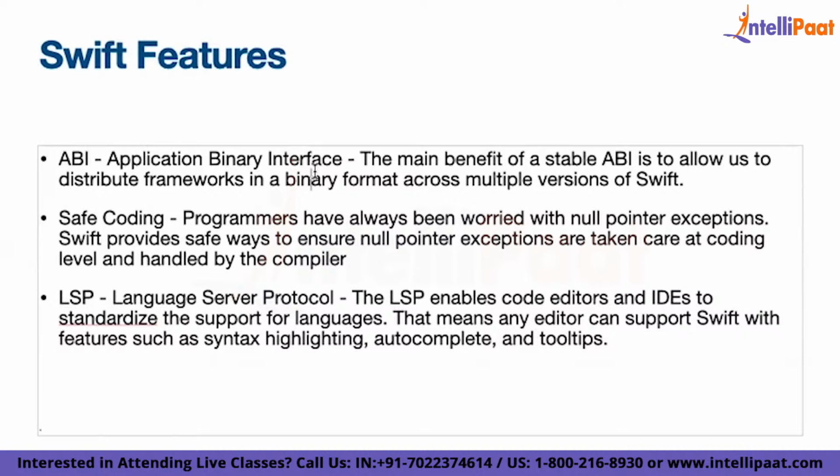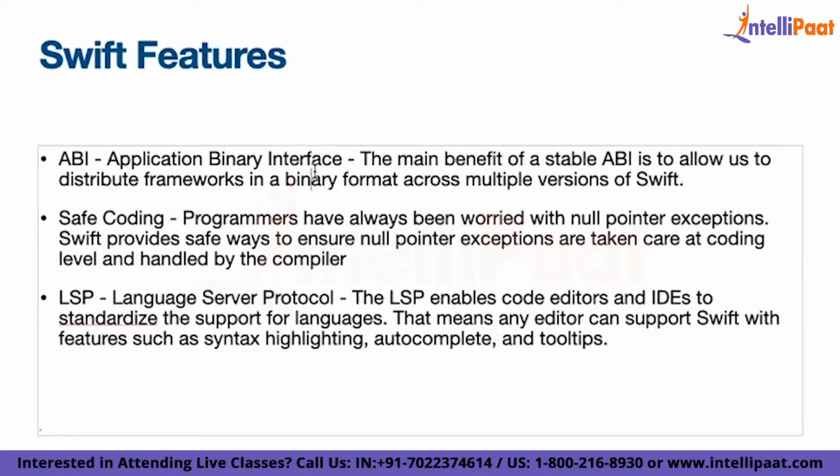Null pointer exceptions are so big a headache for developers because you have to search and search and search which variable is going wrong. So this is a big boon to developers that Swift does not even allow you to print. Forget about using it. It doesn't even allow you to print a variable which is not allocated.